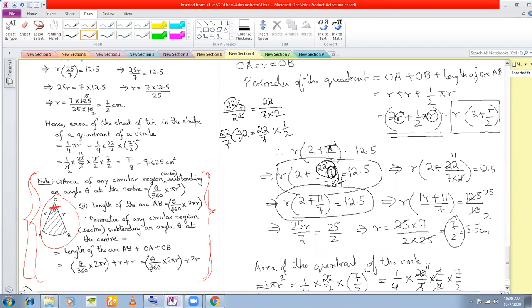Only then will you be able to find the area of this sector of a circle. Even to find the perimeter of this sector, you must know the angle. Just go through this. If you want any explanation on this, I will explain. Otherwise, this part is not in your syllabus.